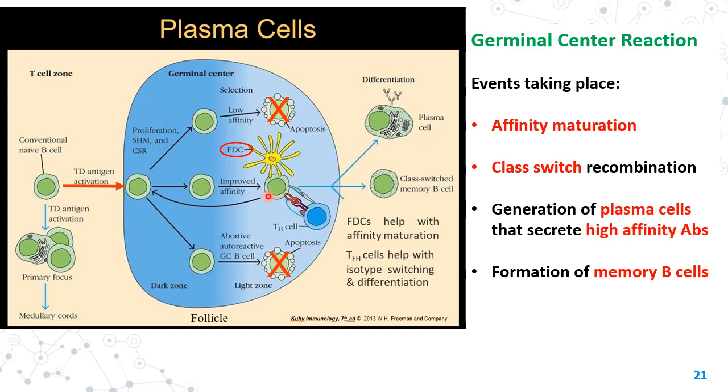Besides that, you're also going to produce those very, very important memory B cells. Memory B cells are mainly going to be produced after all of these interactions going on at the germinal center. So in the germinal center, you produce those memory B cells.